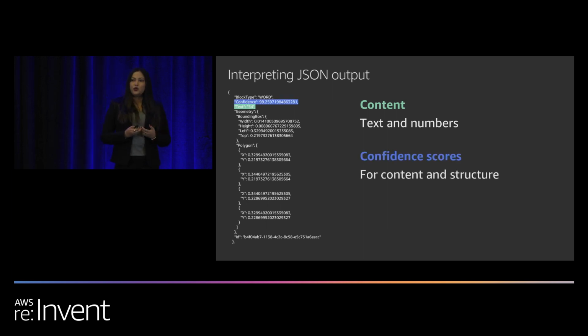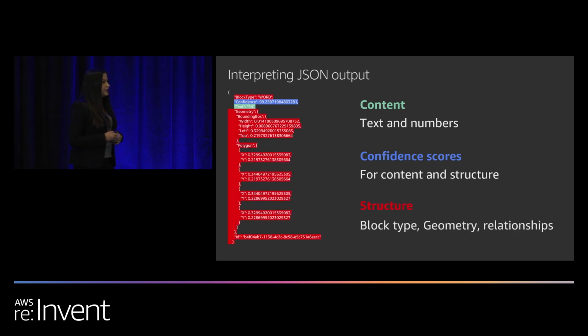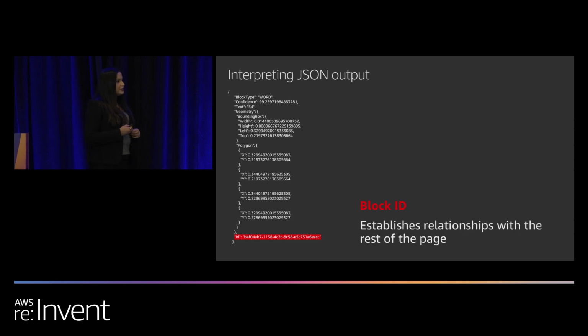Next is the confidence score associated with that content. And finally, we have the structure: the block type of the content, the relationship between various block types, and the geometry of that content within that page. Finally, within the structure is the block ID that establishes the relationship of that block with the rest of the page.